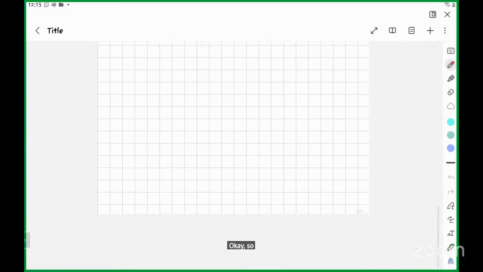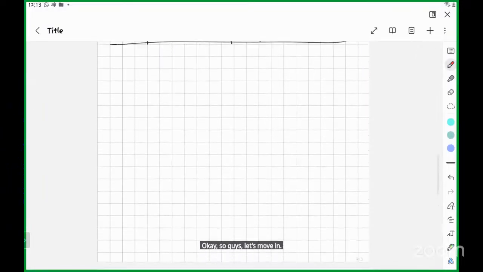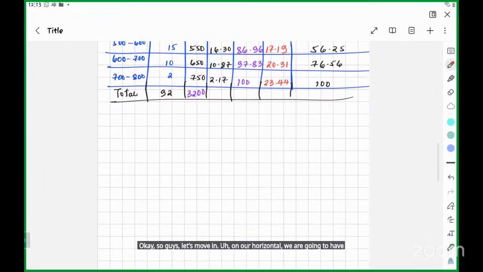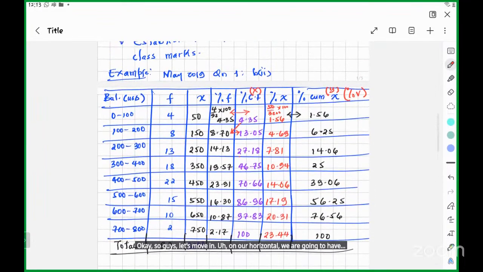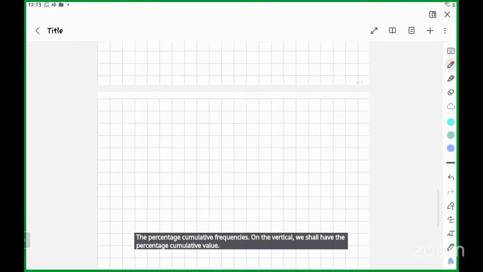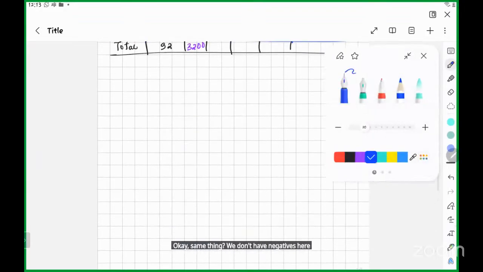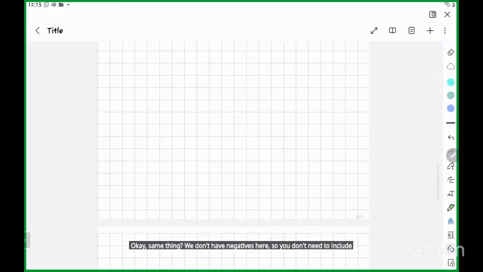So guys, let's move in. On our horizontal, we are going to have the percentage cumulative frequencies. On the vertical, we shall have the percentage cumulative value. Same thing. We don't have negatives here, so you don't need to include them.